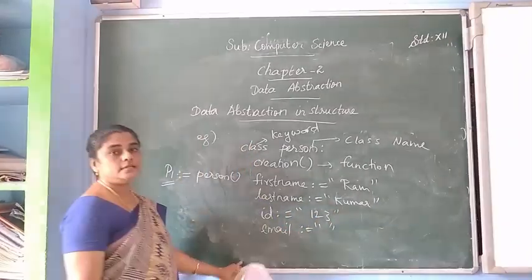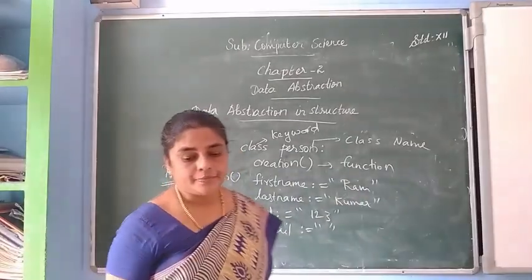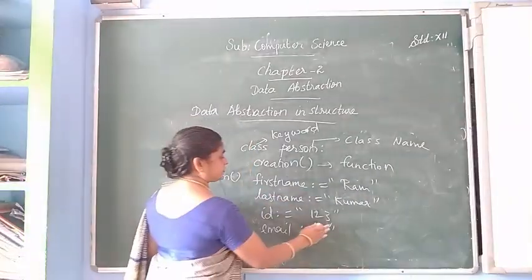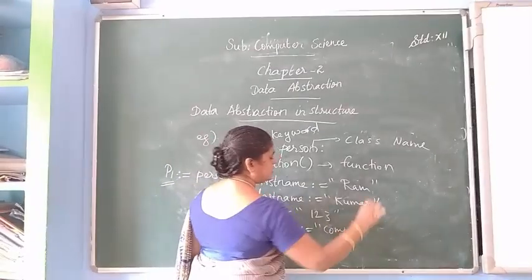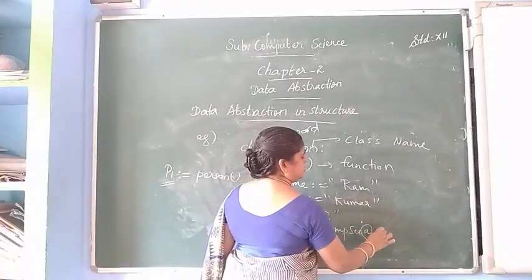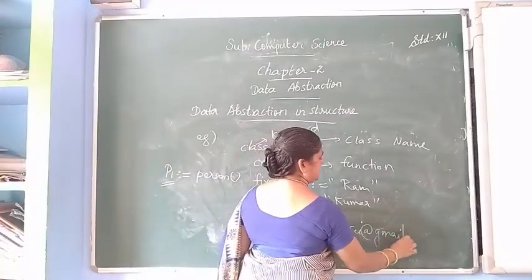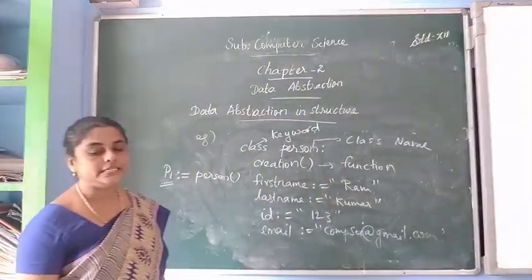Then email address. We can give the email address here. Any one email address, computer science at gmail.com. Like that one address we can give.